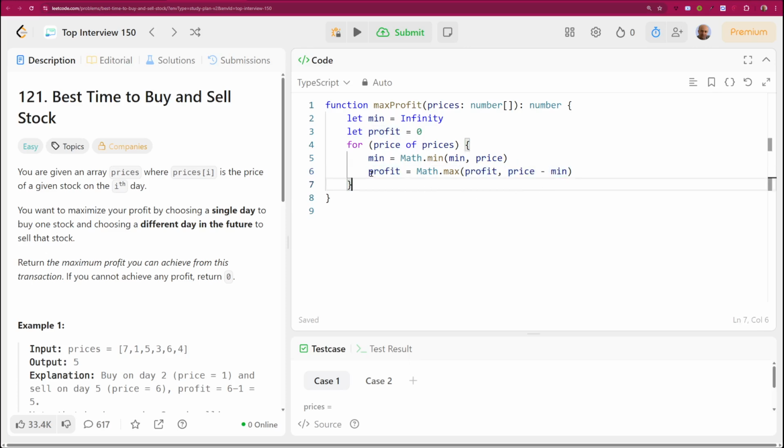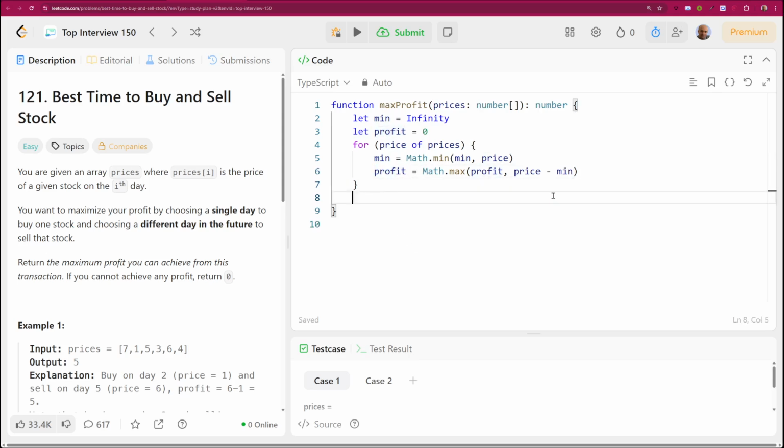This is the previous profit being better, this is selling today being better. Whichever returns a bigger number, we keep inside profit. And after the loop, we return profit.